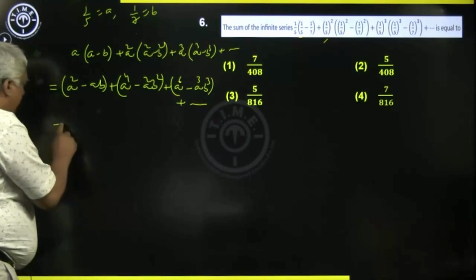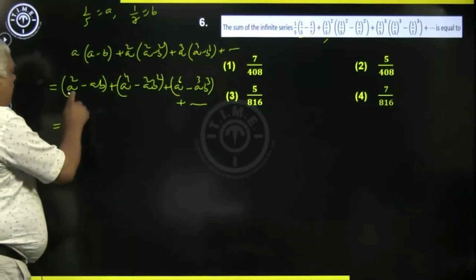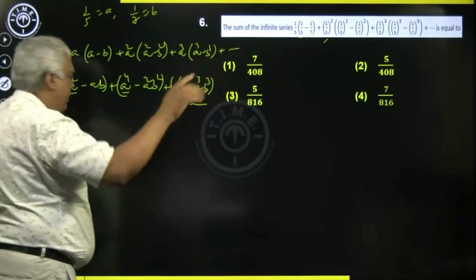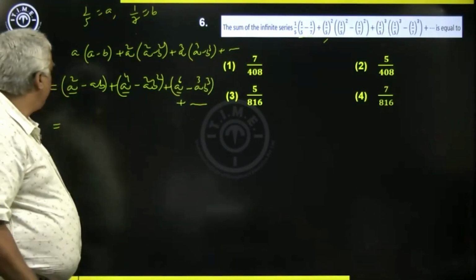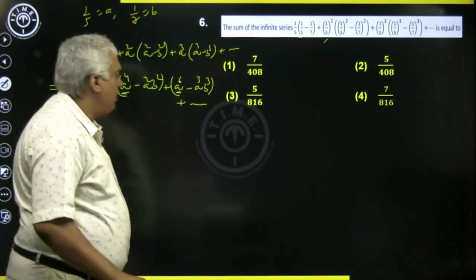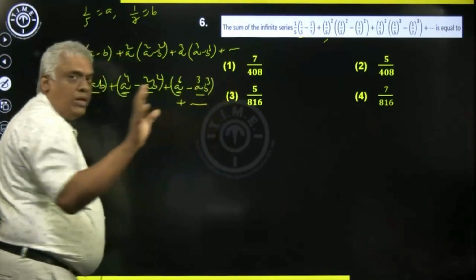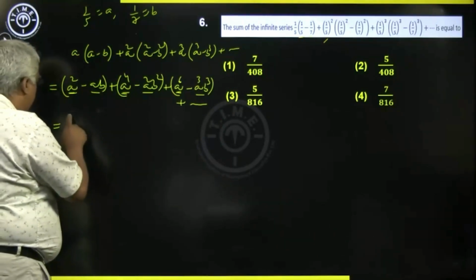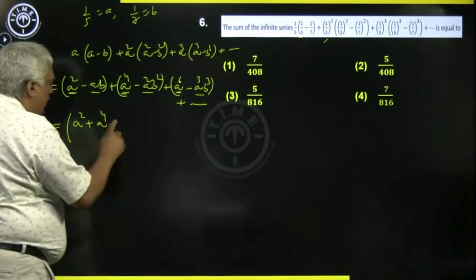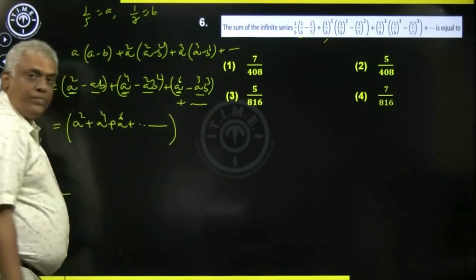Now let us see, there are an infinite number of terms. Let us take A square, A to the power 4, A to the power 6 together, and so on. So we'll get two series: A square, A to the power 4, A to the power 6, and so on, and the second series, which is minus AB minus A square B square minus A cube B cube, like that. So the first is A square plus A to the power 4 plus A to the power 6, dot dot dot till infinity.